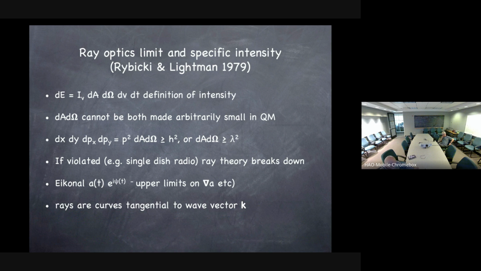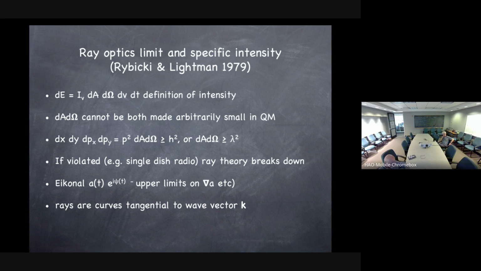Now, if you think of it, dA and d omega cannot be made arbitrarily small in quantum mechanics, and the clue for that is that dA is a physical scale, and d omega is a measure of the directed momentum coming from the source.